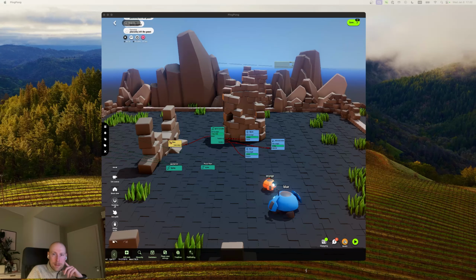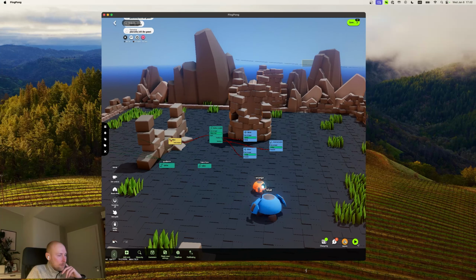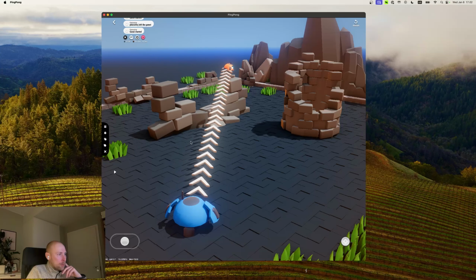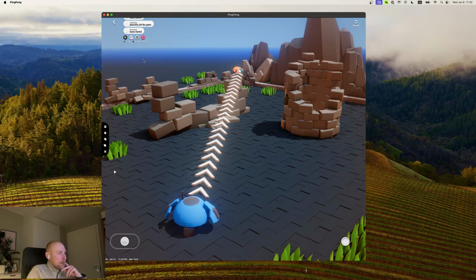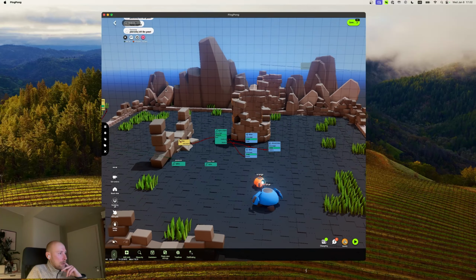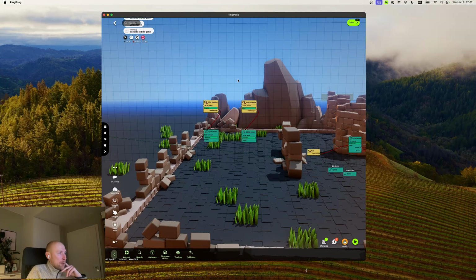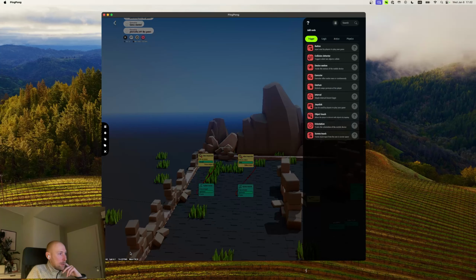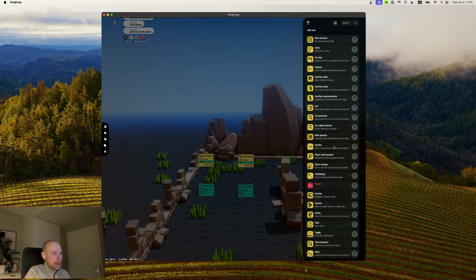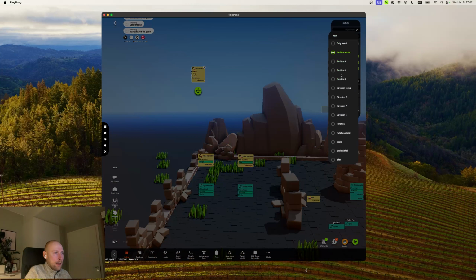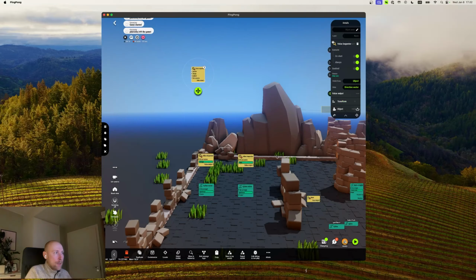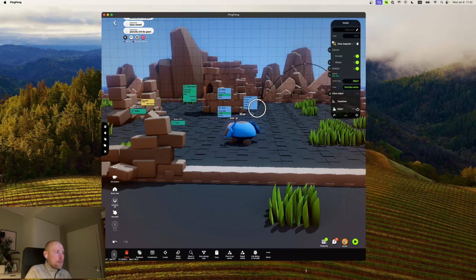All right, let's implement what we just discussed. This is what we have, and we want to bend the line a little bit. Okay, what do we need? We're going to need the direction of the blue guy, and for this we're going to use a value inspector. The value inspector is going to get us a direction vector from blue.